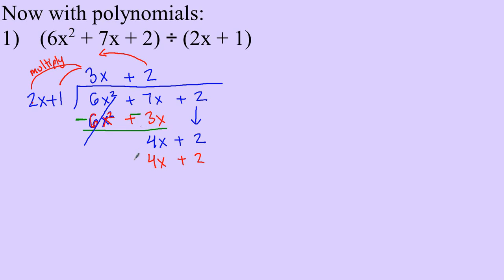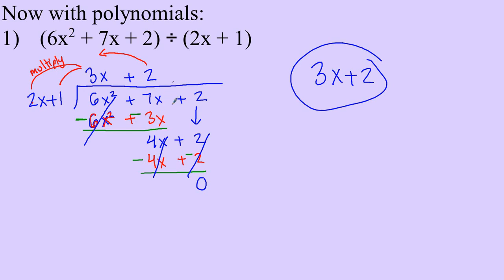Then we subtract, so we change the signs. And notice this is nice because the 4x's cancel and the 2's. So we're left with nothing. So this would just be 0, where we don't have a remainder here. So my answer is just 3x plus 2.